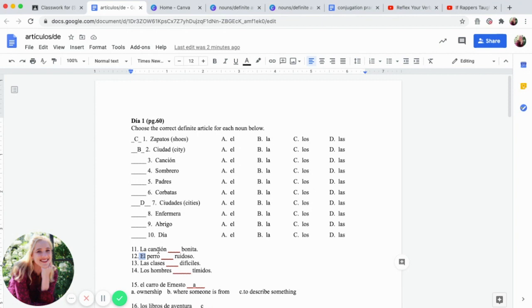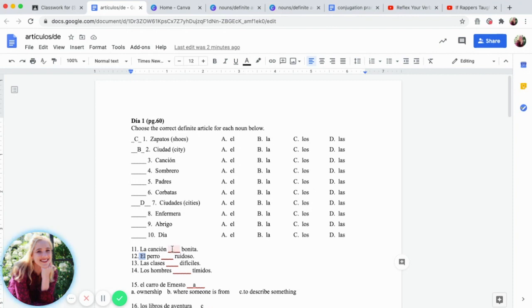Okay? So yeah, good, AJ. So if you can use your memory here, when we're talking about one person or one object, which version of ser are we going to use? What do you think? The song is pretty.